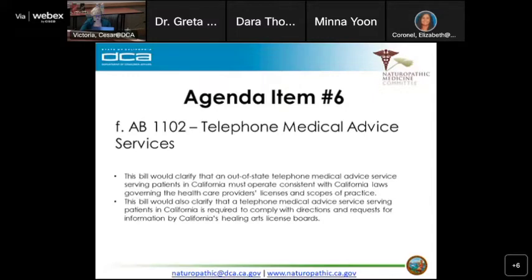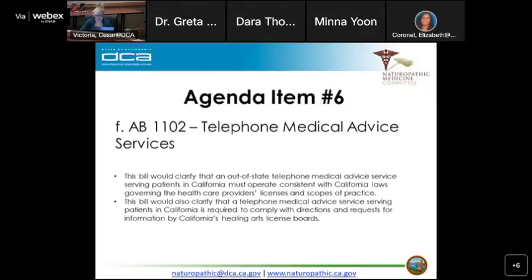We have AB 1102. This bill hasn't moved in a while. It's a 2-year bill, and it's in the inactive file, but it's not dead. It's just not active. It could come back.